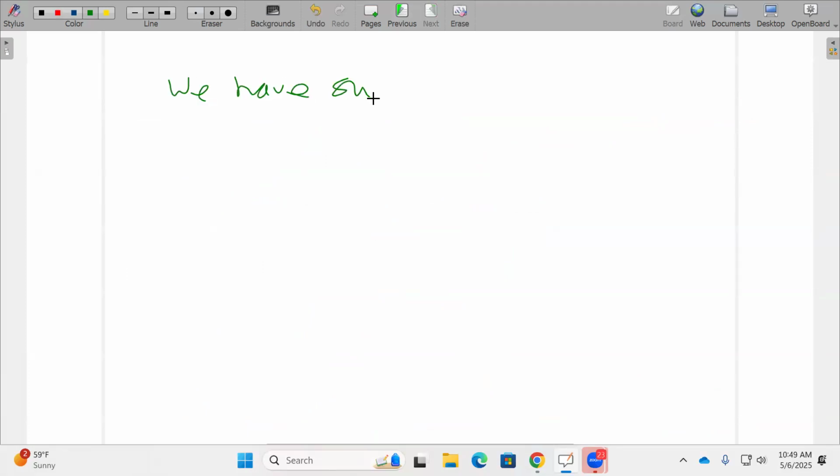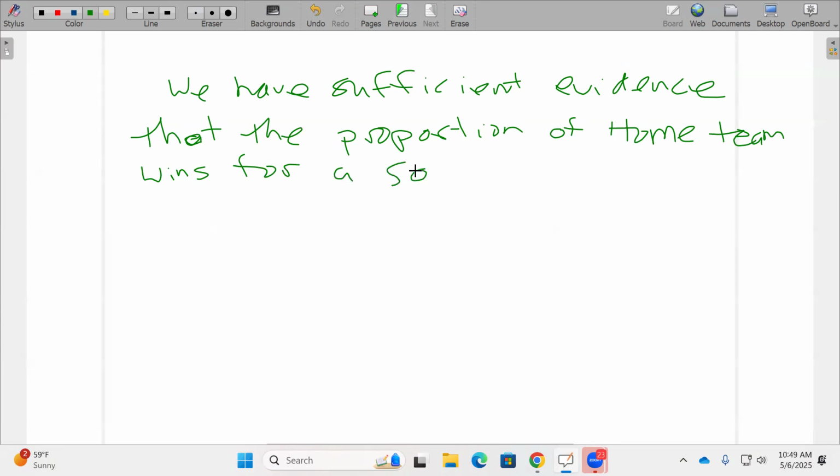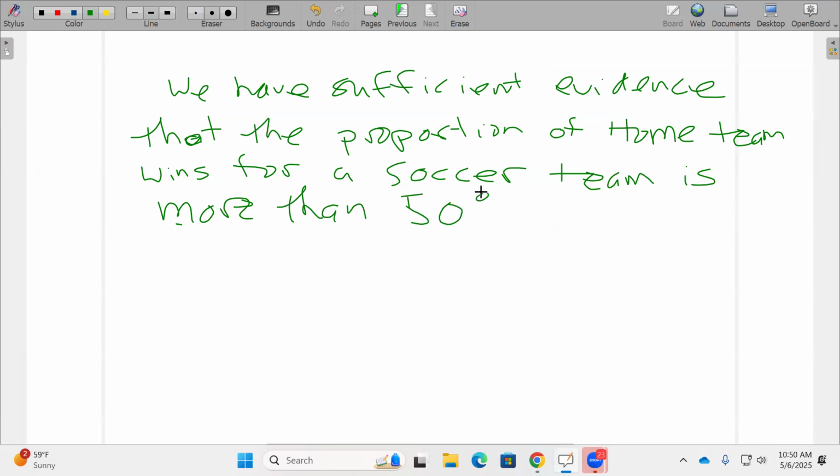We have sufficient evidence that the proportion of home team wins for a soccer team is more than 50%. We state the parameter and state the proportion in the context of the alternative hypothesis.